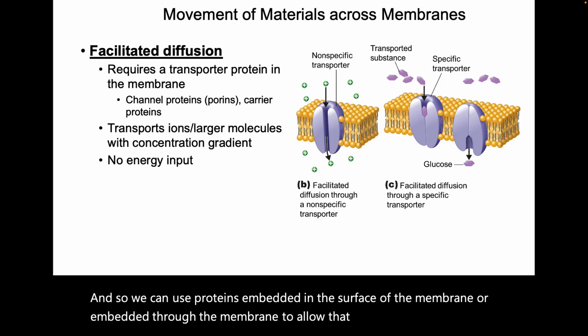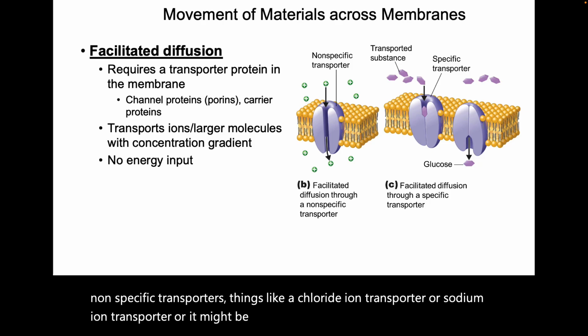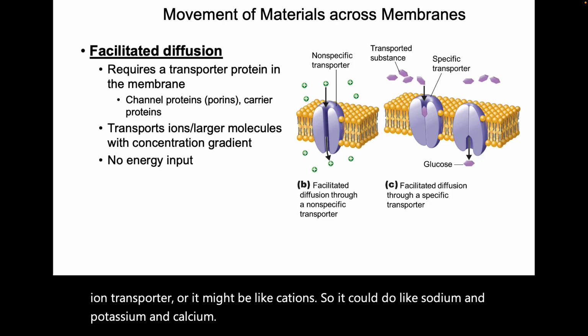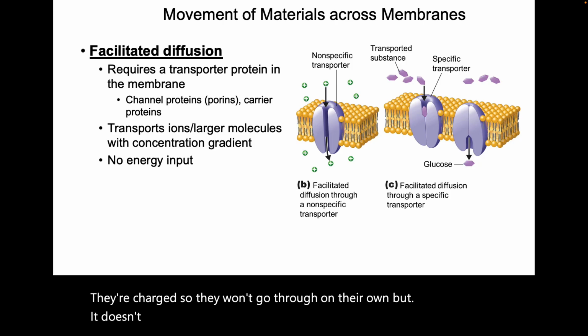We have some non-specific transporters, things like a chloride ion transporter or a sodium ion transporter, or it might be cations, so it could do sodium and potassium and calcium. Right? They're charged, so they won't go through on their own, but it doesn't require any energy because they'll go from high to low.